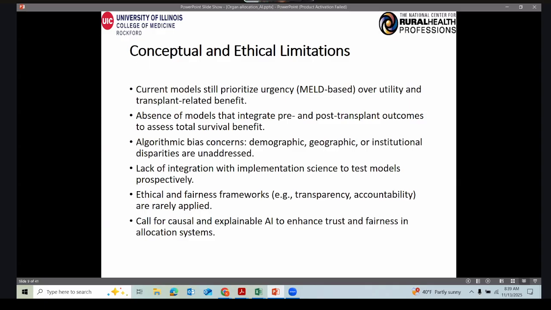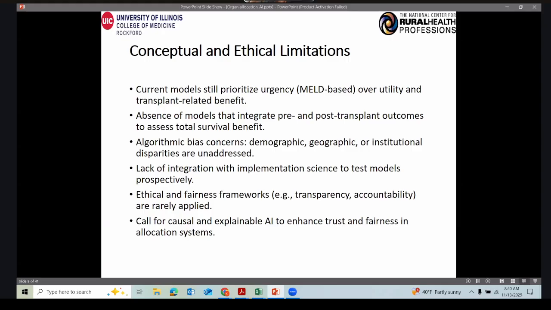In terms of ethics, very few studies apply formal fairness or accountability frameworks. Things like transparency, explainability, and bias auditing are essential for responsible AI use in medicine, yet they are rarely part of transplantation modeling studies.